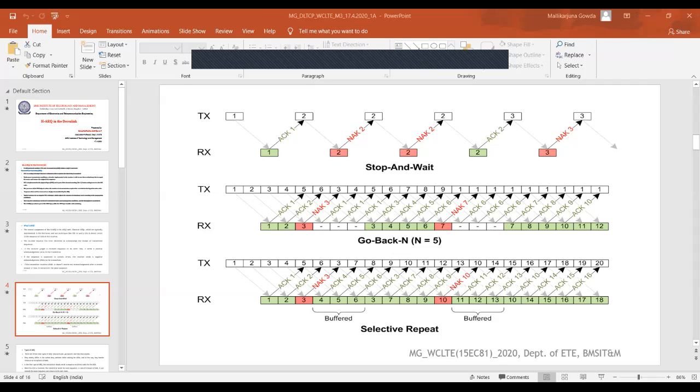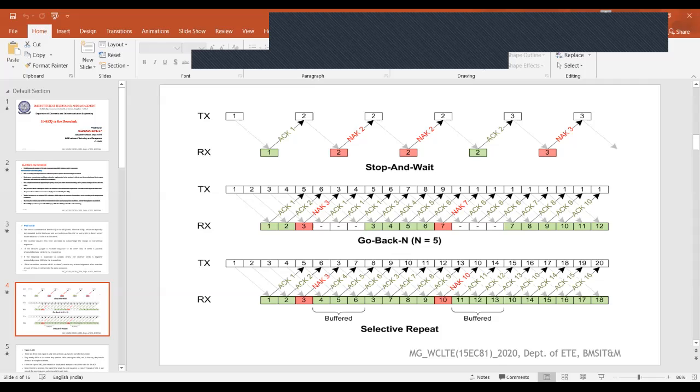In the case of go back N, it is possible to send more than one packet. See, it is shown right here. I have taken the value of N as 5, which means in one stage I can send 5 packets. After that it starts receiving the acknowledgements.